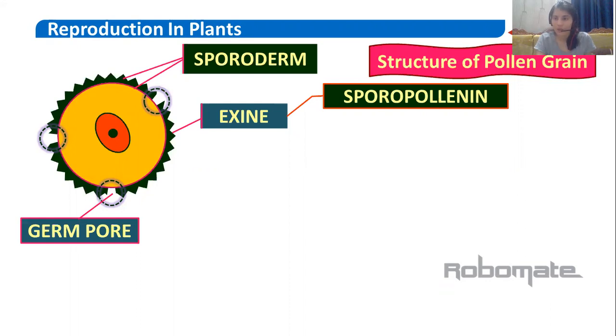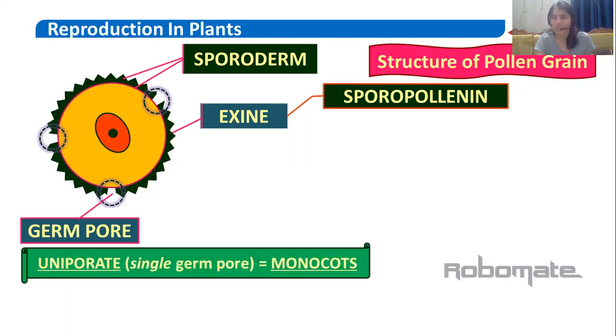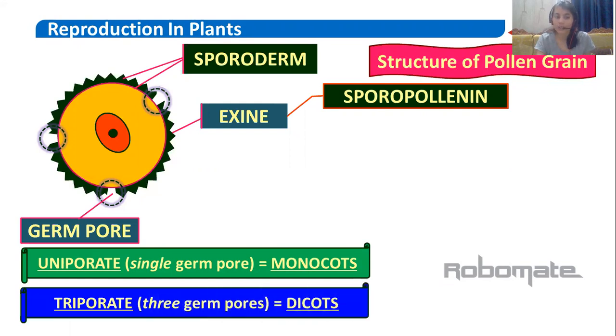If exine is not present, they are not resistant at all. These openings are known as germ pores. This can be single or multiple. If a single germ pore is present in a microspore, we call it uniporate, and this is present in monocots. If there are three germ pores, we call it triporate, and these are present in dicots.